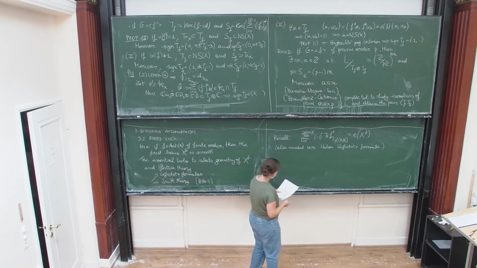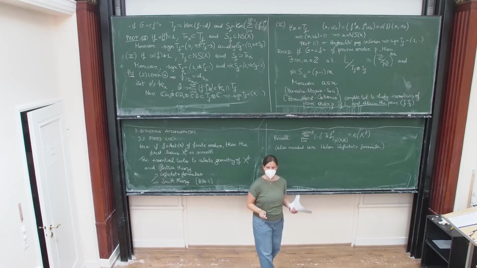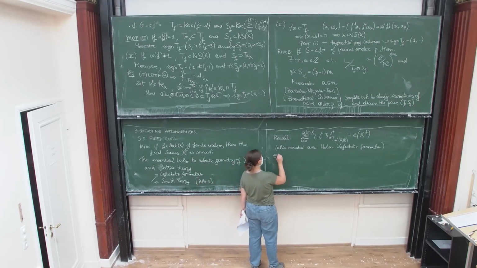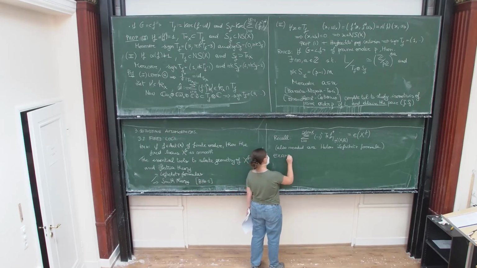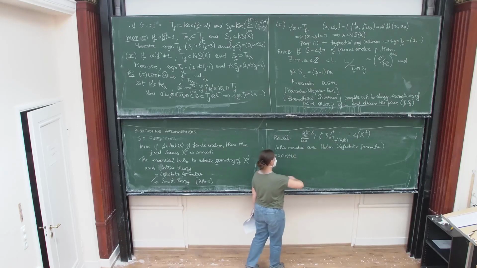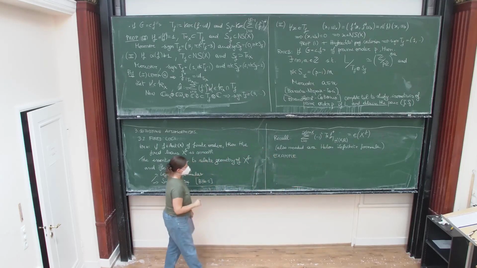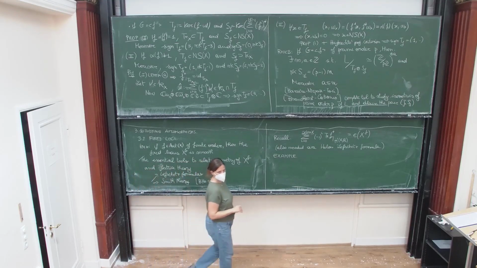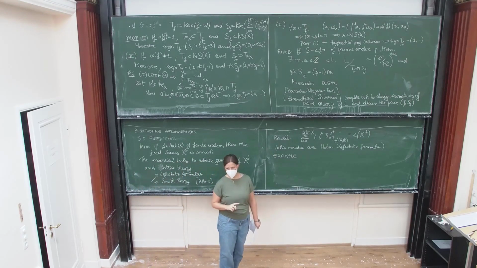Okay, let's see an example to finish. This is the second part of the course. I will focus on symplectic actions. Now let's give a symplectic example.